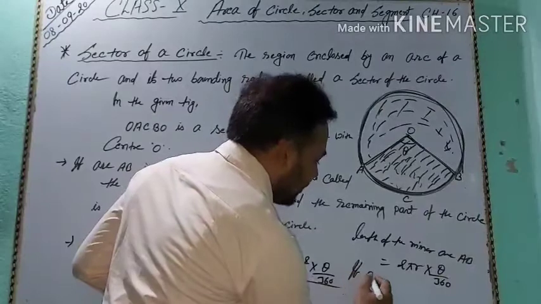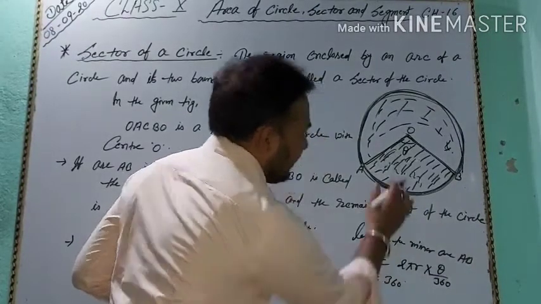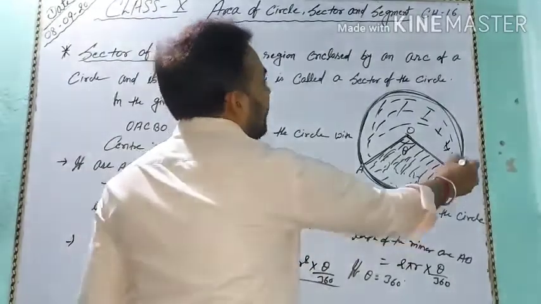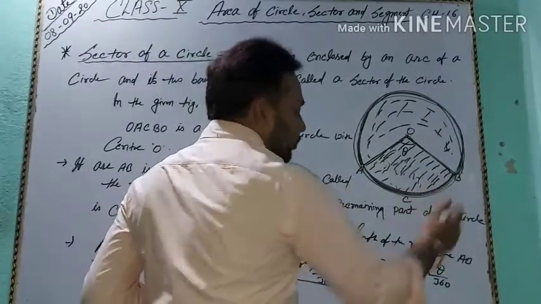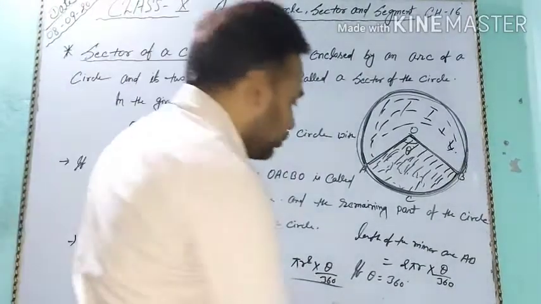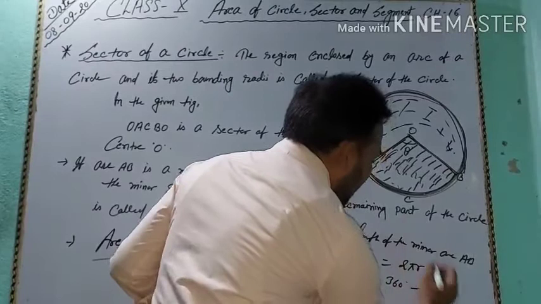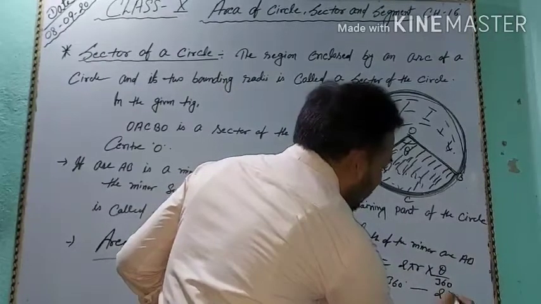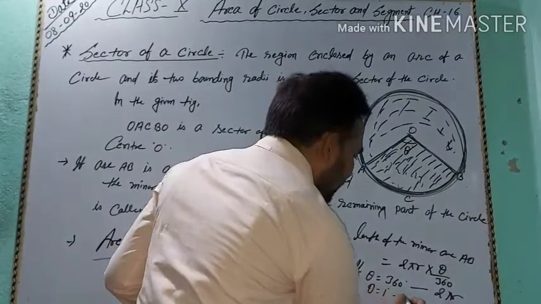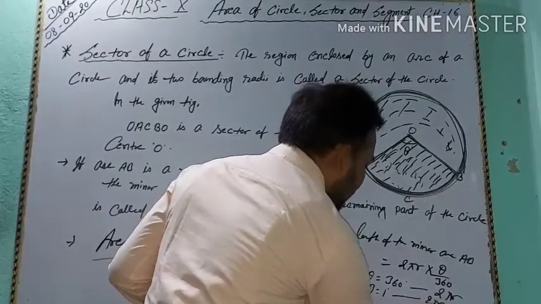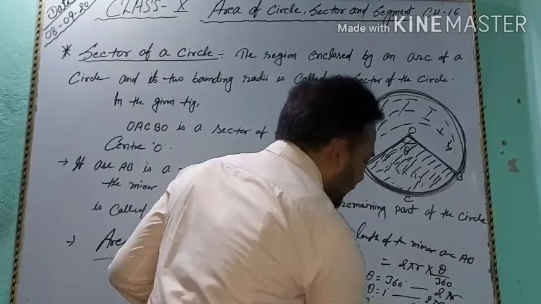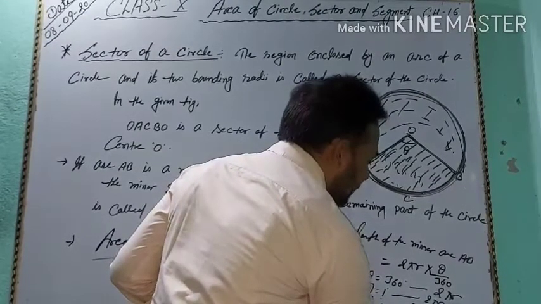If theta equals 360 degrees, if an angle of 360 degrees is made at the center, then this will be the complete arc. So what is the complete arc? 2 pi r is the circumference of a circle. So for 360 degrees, the arc of the circle is 2 pi r. If theta equals 1 degree, then it is 2 pi r by 360, and if theta equals theta degrees, then it is 2 pi r by 360 multiplied by theta.